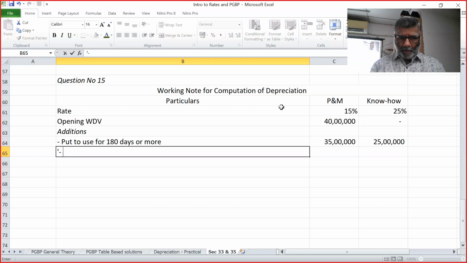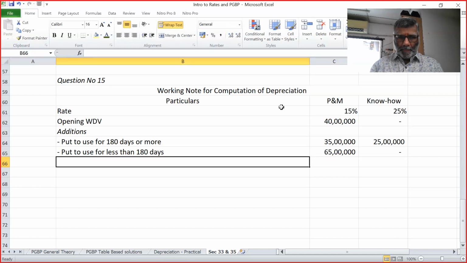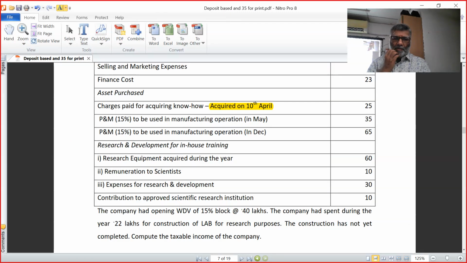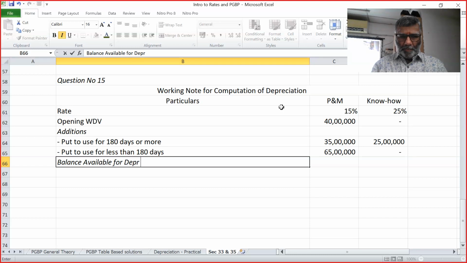Put to use for less than 180 days, 65 lakhs. There is no sale value given, so directly I am going to the balance available for depreciation.